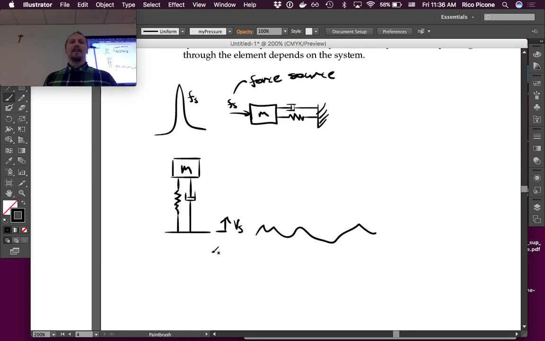Also, you could put this in a skyscraper. They do that. They put these huge masses, sometimes rotational, but let's just think about translation for a moment. Put a big mass up in the top of a building and connect it to the structure. These skyscrapers sway around. They're very tall and they're flexible.